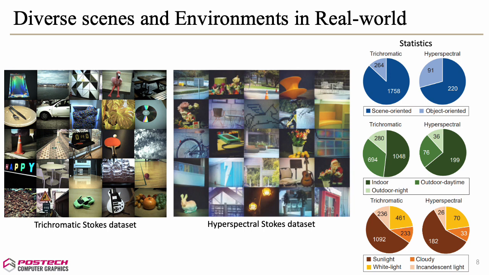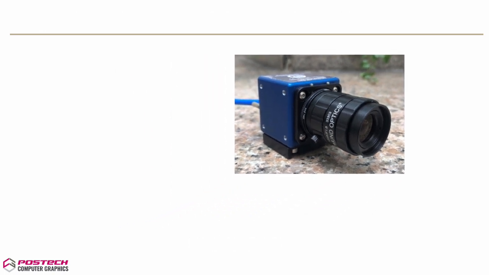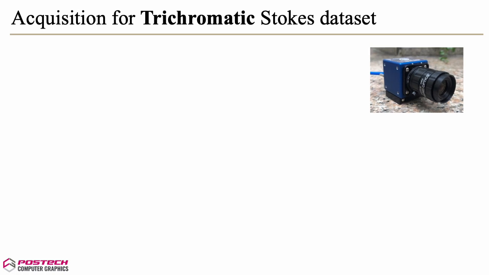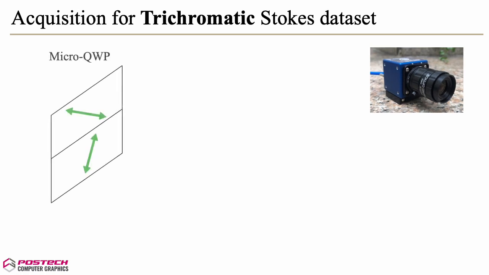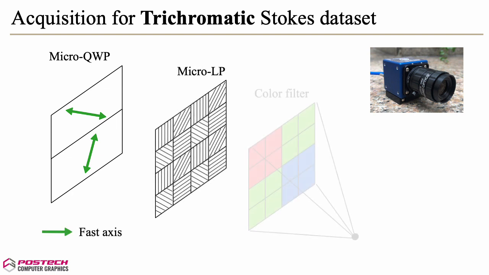As shown in the statistics of our dataset, we cover indoor and outdoor settings, different times of capture day, and various illumination conditions. To acquire the trichromatic Stokes dataset, we used a single-shot camera incorporating uncensored quarter wave plates and linear polarizers.